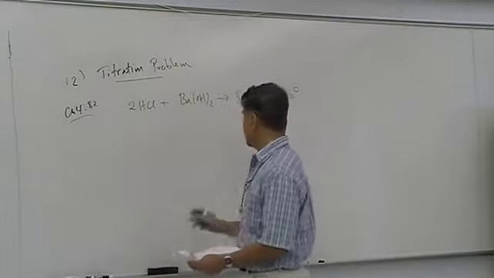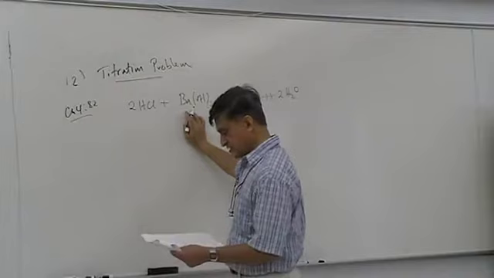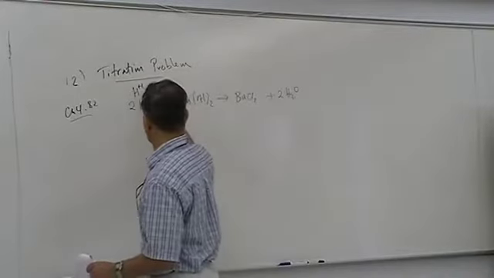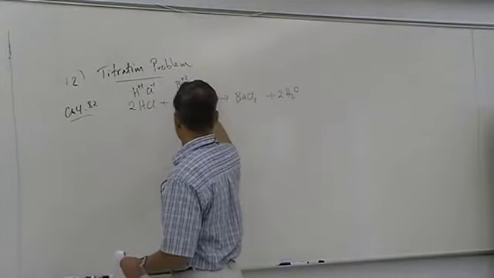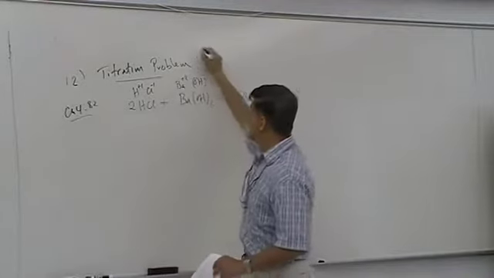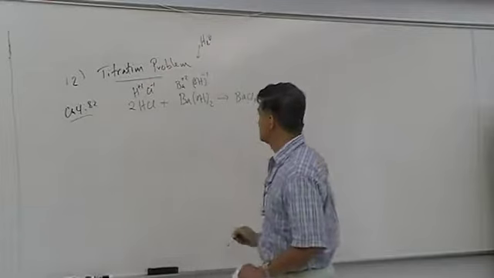Now, if you're wondering how we got these products, Ba is plus 2, OH is minus 1. Let me write it down, because at the beginning it could be a little bit harder for you. This is Ba plus 2. Each OH is minus 1, coming from H2O. The original compound is H2O. If you knock off one hydrogen, you get OH minus 1.